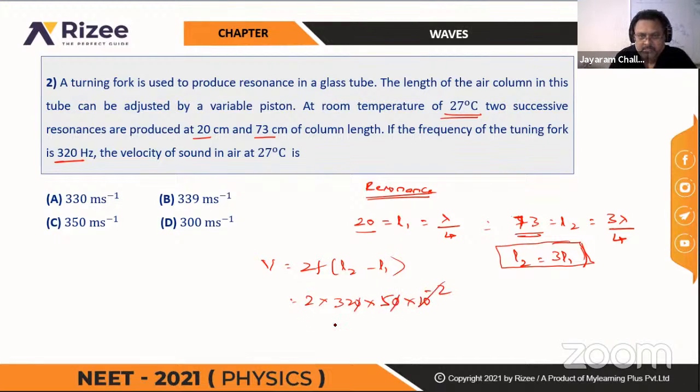These two zeros can be removed, so 5 into 2 is 10, 10 into 32 is 320 meters per second. So this should be the nearby answer. It can be the 330 answer because the differences need to be satisfied theoretically. So next question, please.